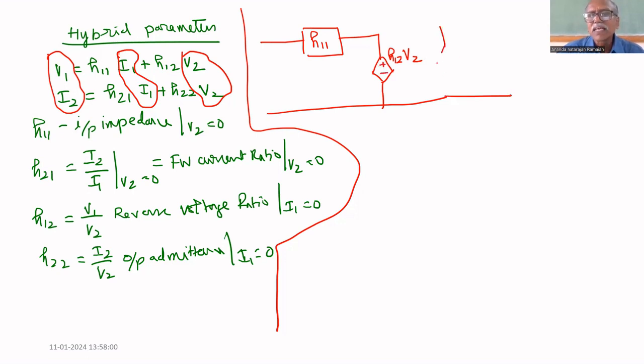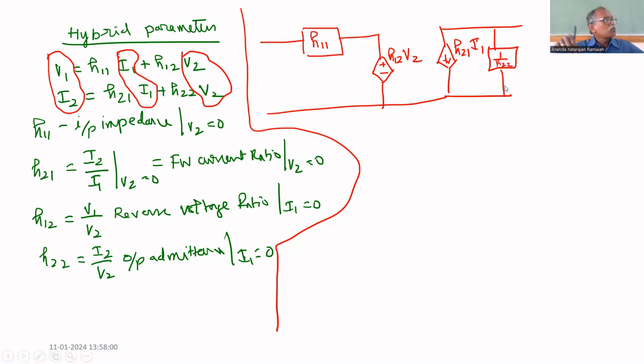The other side, it is current dependent source H21 I1, and the impedance is 1 by H22.